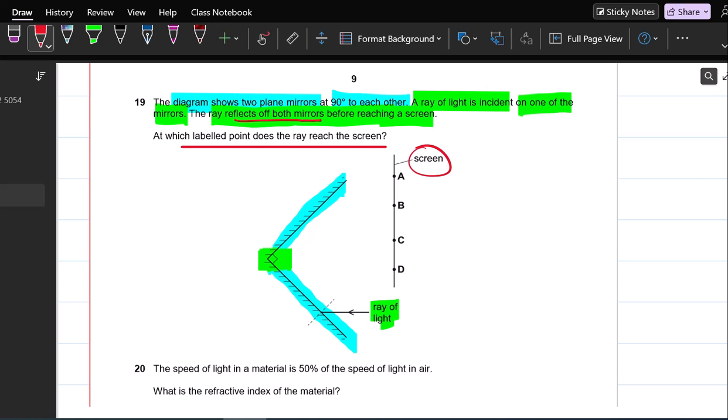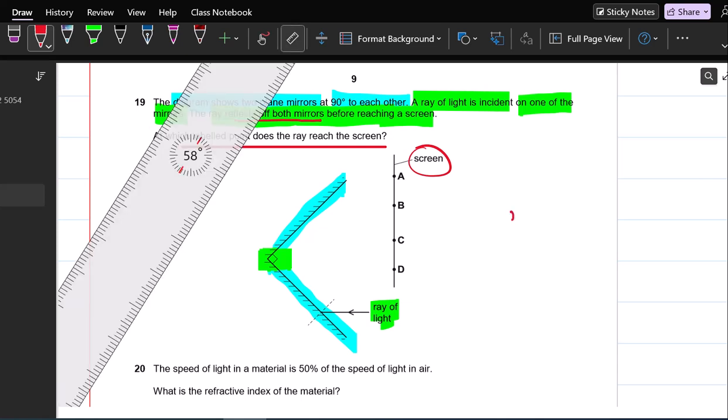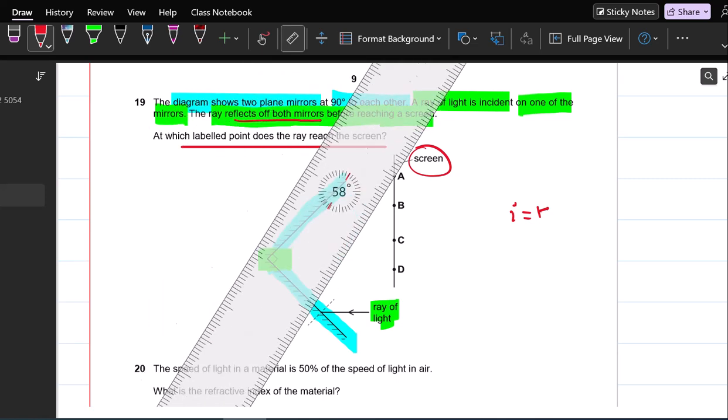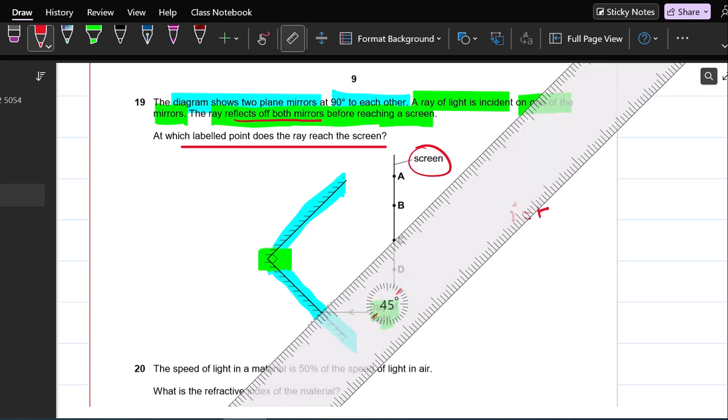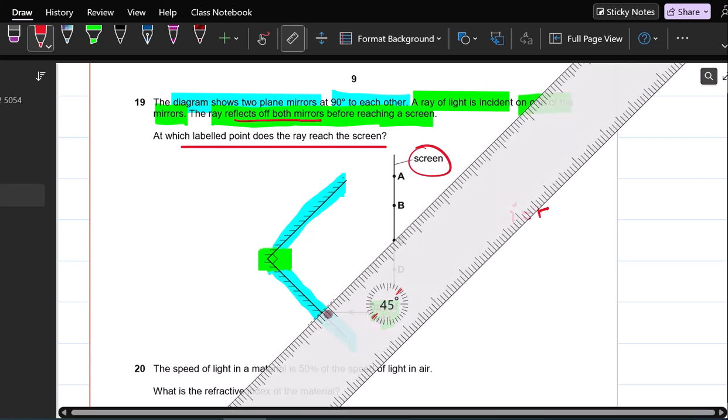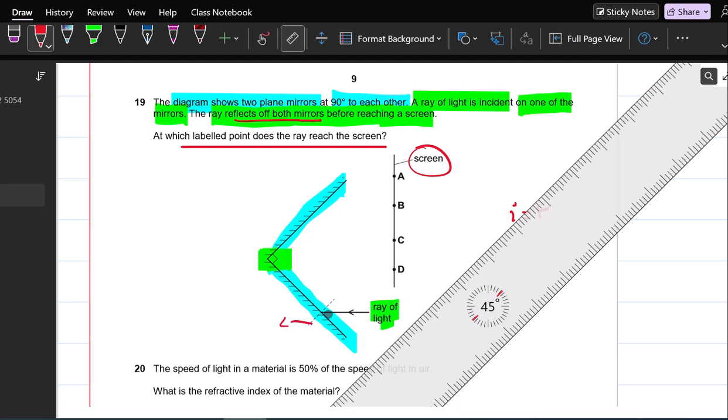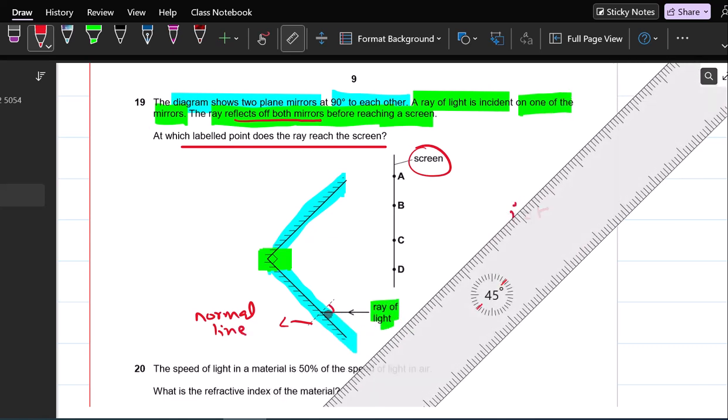So we have reflection, so angle of incidence should be equal to angle of reflection. So I am having a normal line here which is perpendicular to the plane. You can see this is a normal line perpendicular to the plane mirror. So this angle here is going to be 45 degrees.